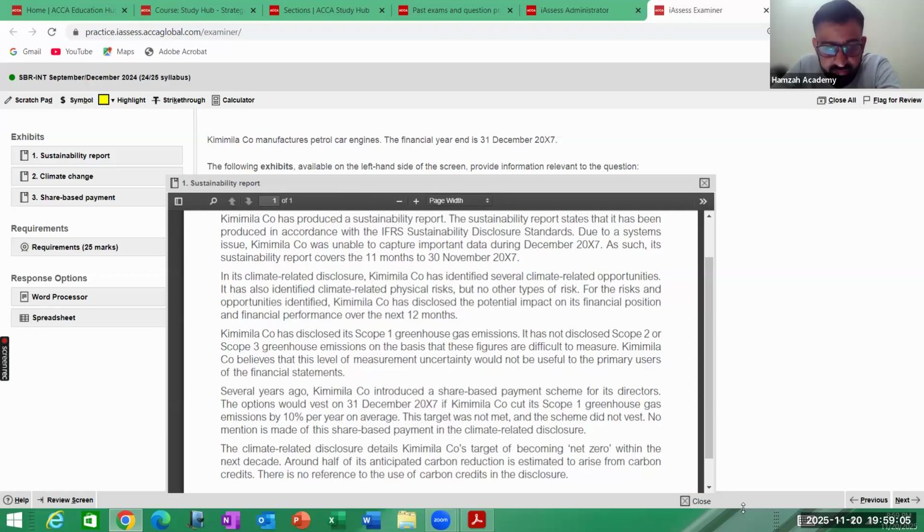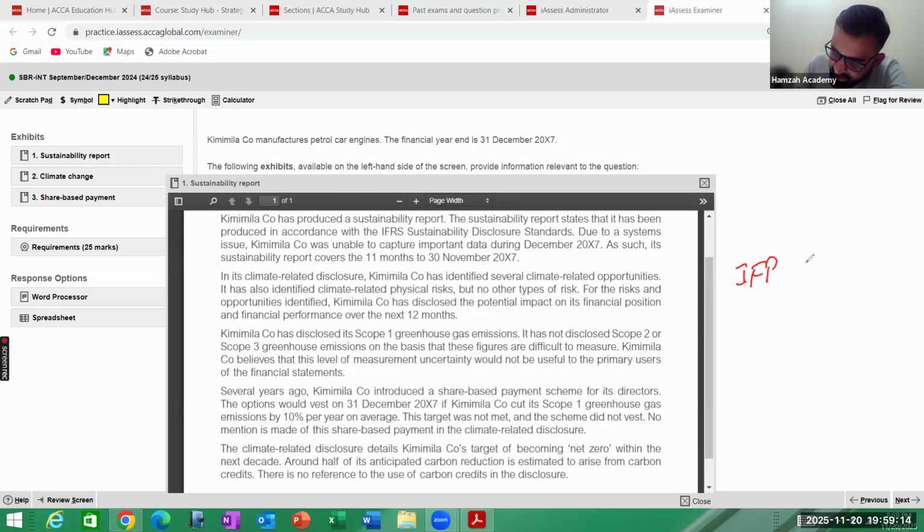And number two, the second paragraph, in its climate-related disclosure. Climate-related disclosure is basically IFRS 2. It is a climate-specific sustainability disclosure, in which we disclose the issues relating to physical risk and transition risk due to the climate change which the company is facing.